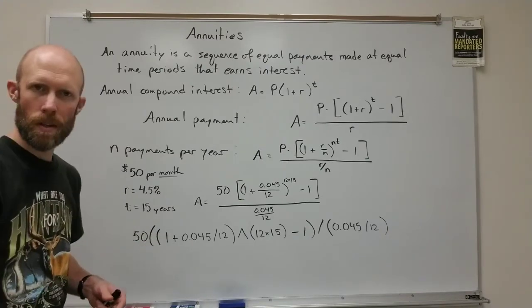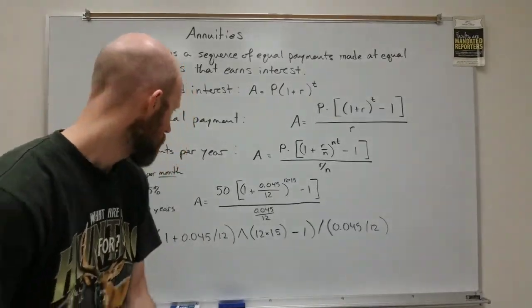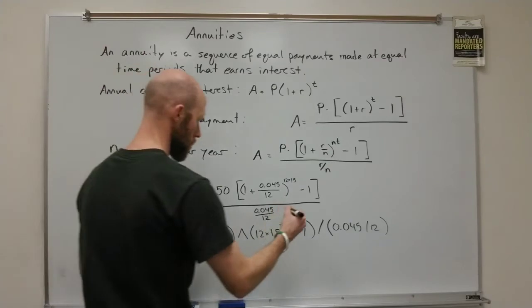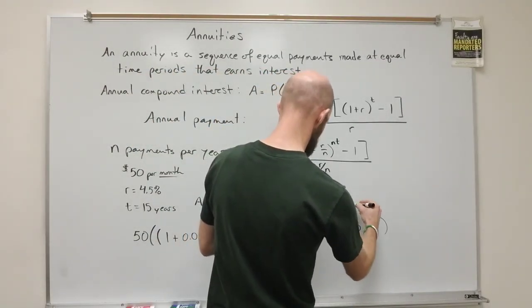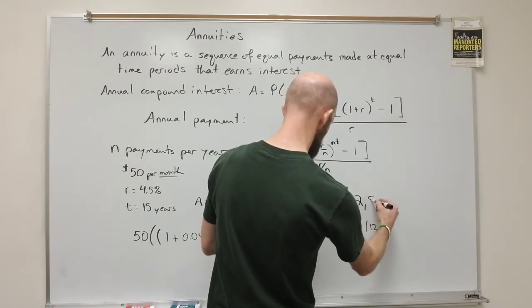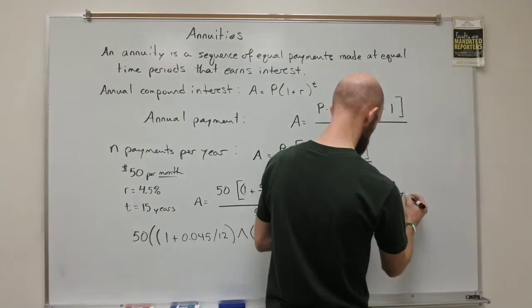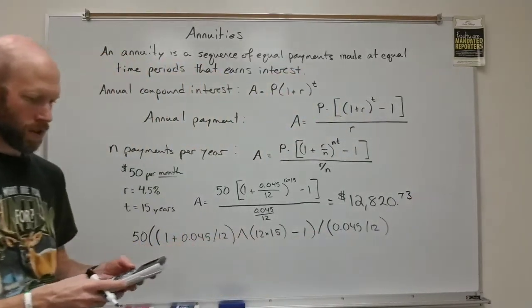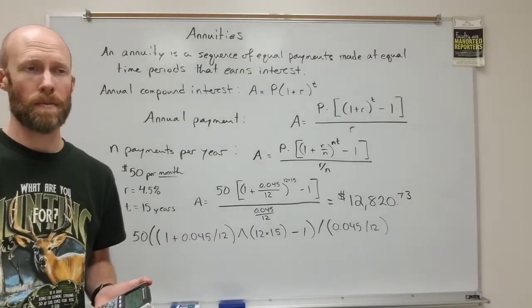It's quite a bit to get typed in there. And the final value is going to be $12,820.73. So that's the final value in the annuity at the end of that 15-year period.